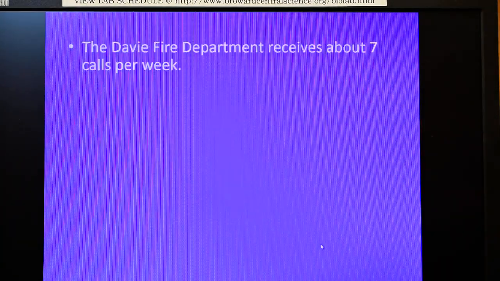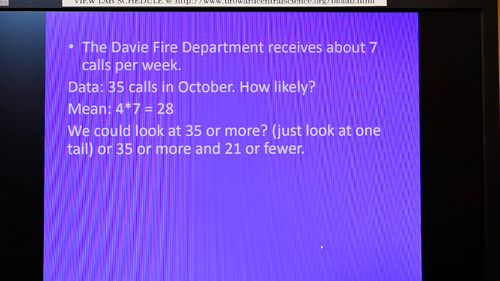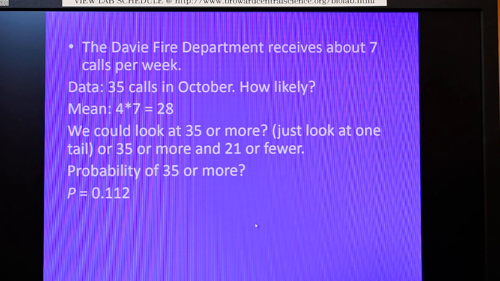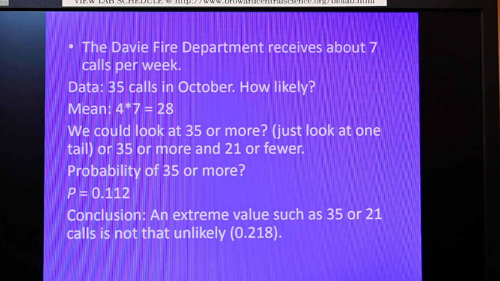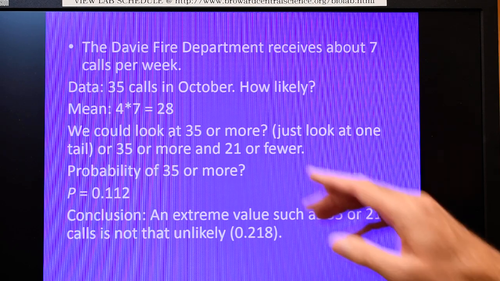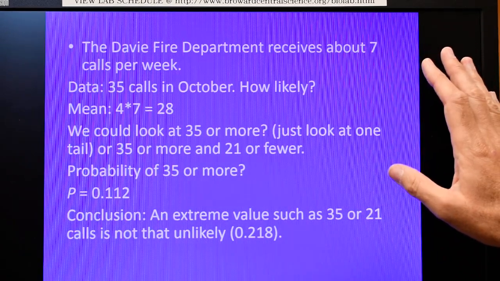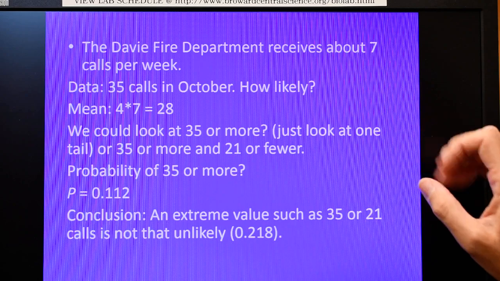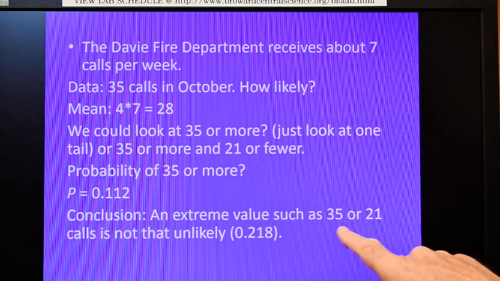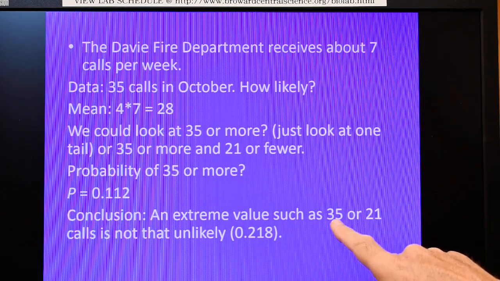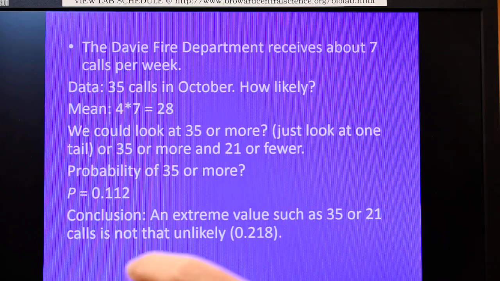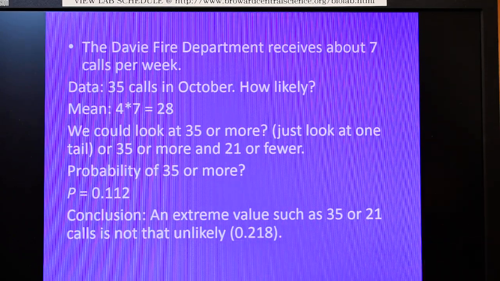All right, so let's sum some things up here. The probability of 35 or more is about 11%. What about getting a really extreme score? Assuming that everything's normal, and the calls are still coming in like we expect them to, we could still get 35 calls or even 21, an extreme score like that.